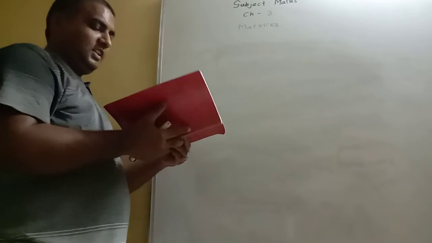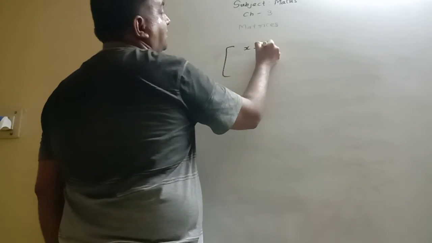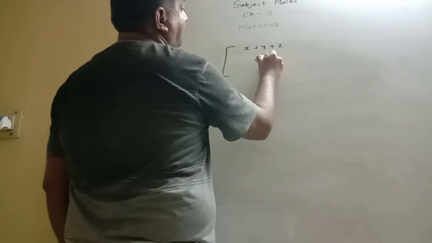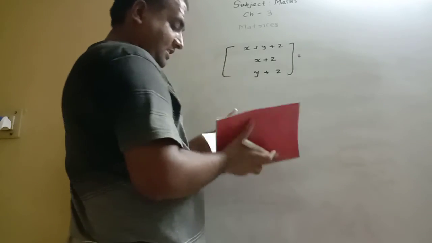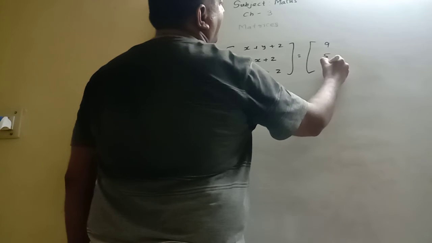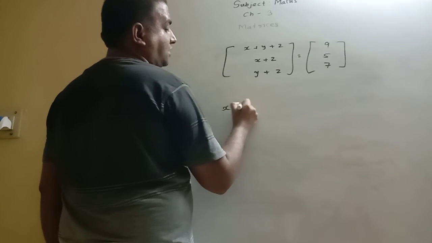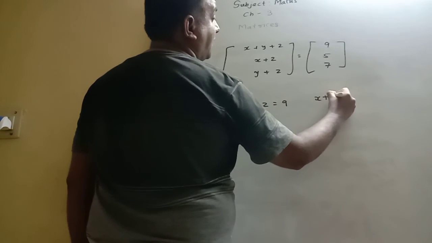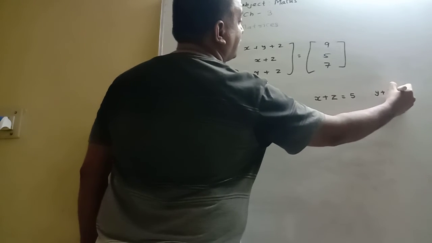The third question is that two matrices are given, x plus y plus z, x plus z, y plus z equals to another column matrix 9, 5, 7, and find x, y, z. So x plus y plus z equals to 9, x plus z equals to 5, y plus z equals to 7.